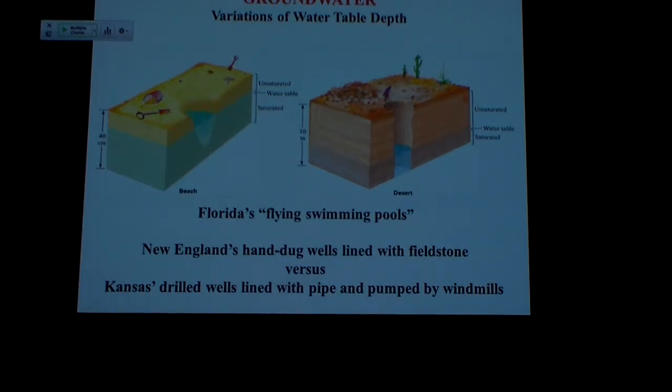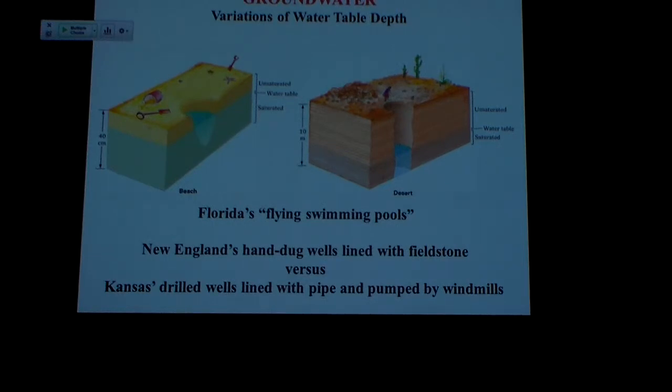If you were to dig out the hole to put the swimming pool in, you'd see that the hole filled with water all on its own very quickly because the water table was so high. You're trying to put your swimming pool into the water table. And in many cases, the only way you can keep it there is to weight it down. And you weight it down by keeping it full of water.